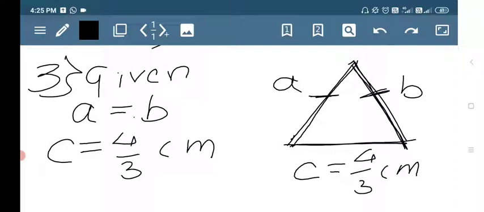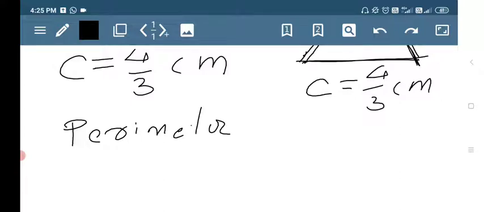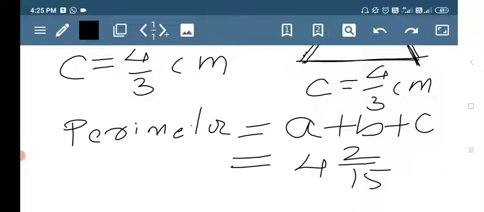So first, given A is equal to B, and C is equal to 4 by 3 centimeter, and perimeter is given. What is perimeter? Perimeter is the sum of all the sides, A plus B plus C. Perimeter is equal to 4 2 by 15.